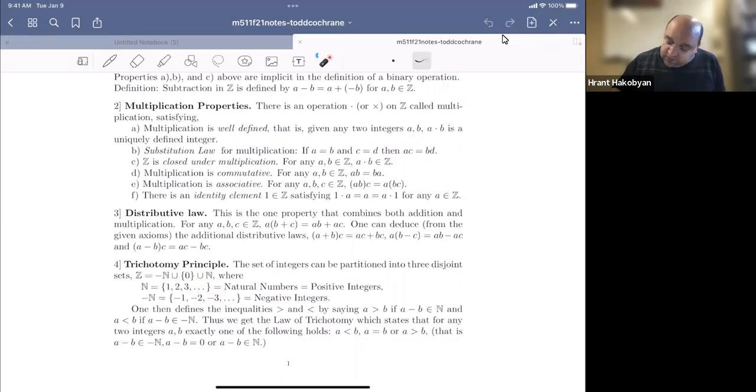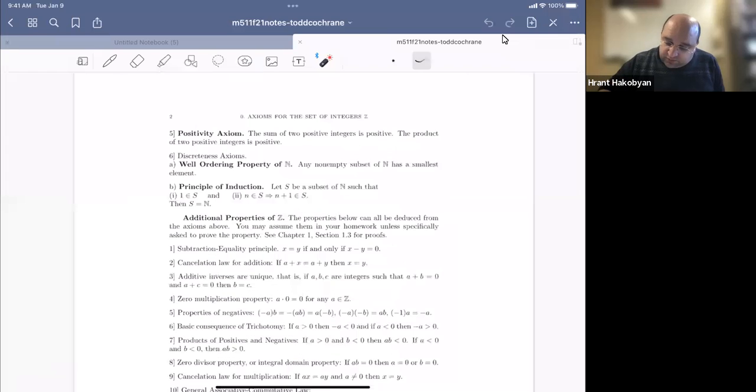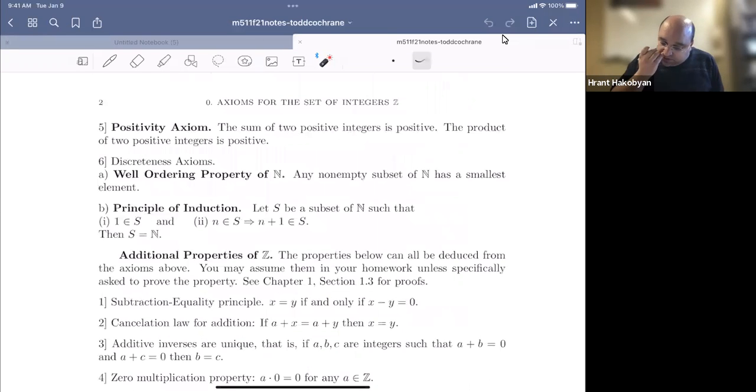And so other important axioms include the positivity axiom and a well-ordering property of n. So for instance, the well-ordering says that any non-empty subset of the natural numbers has a smallest element.